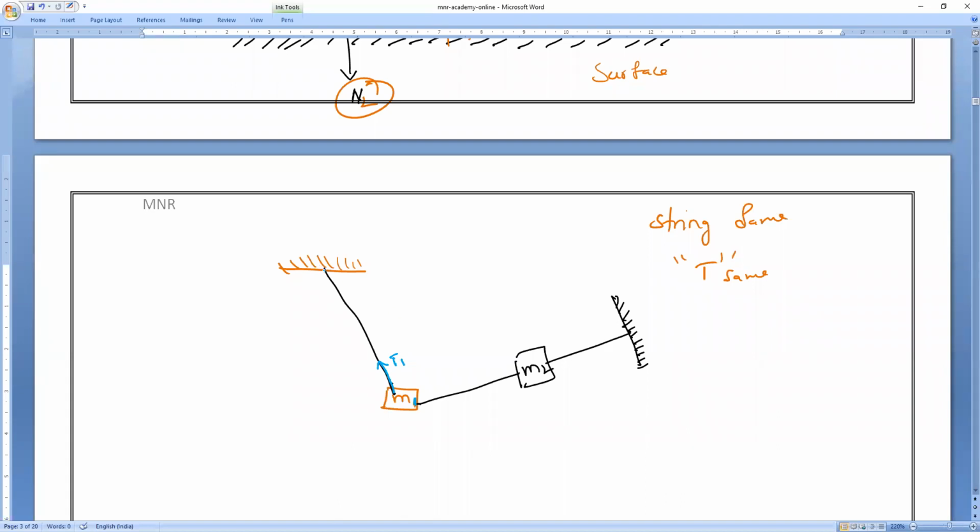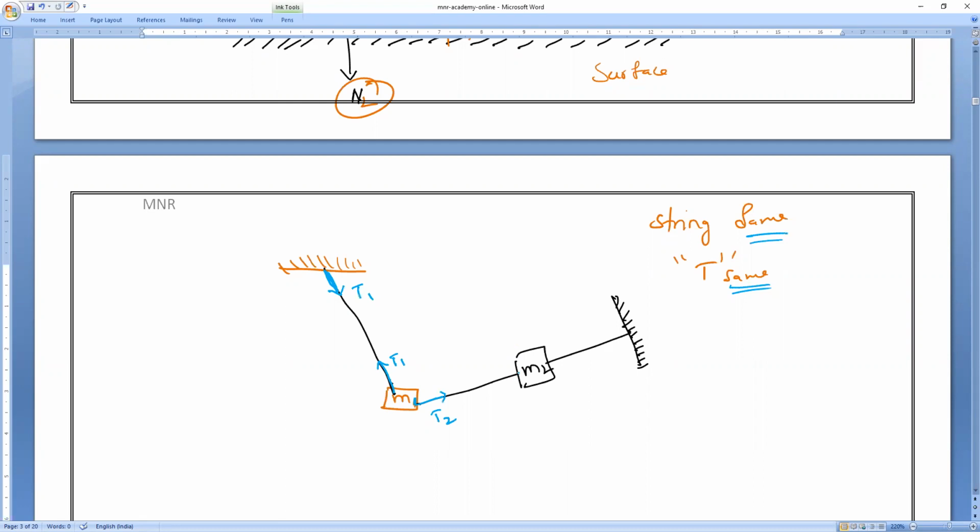The tension exerted by this string on M1 is also T1, since it is the same string and the same tension. Then, moving away from the body towards this one, the tension becomes T2.